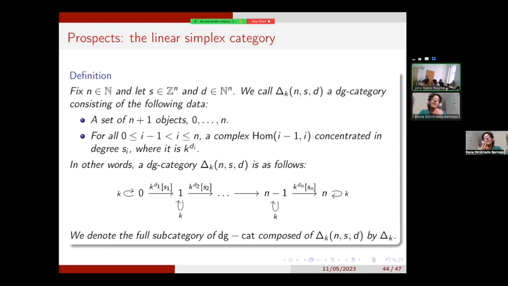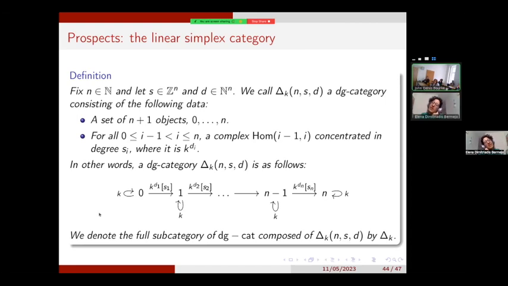So if we have n a natural number, and we have s and d to be n-tuples of integers and natural numbers, respectively, we call Delta_k of n, s, d a DG category with n+1 objects, and in between every two of them, a complex concentrated in degree s_i, where it's k of d_i.